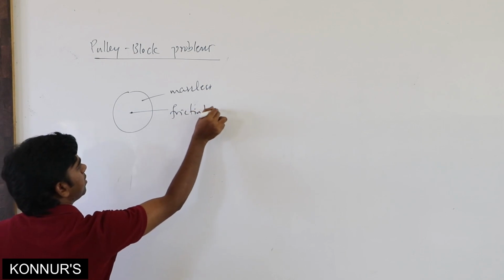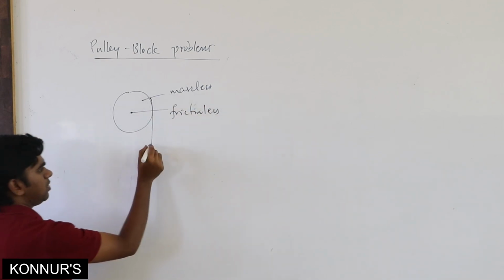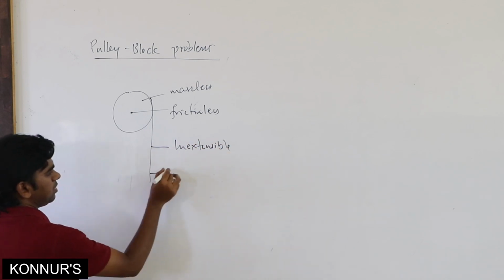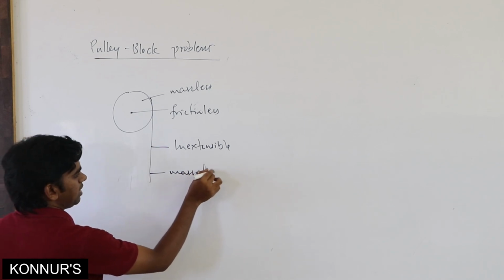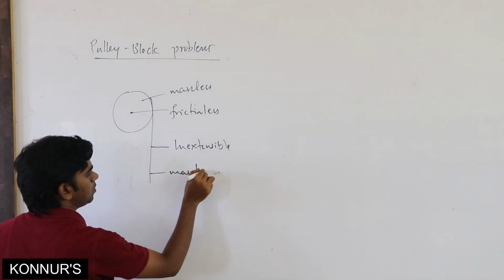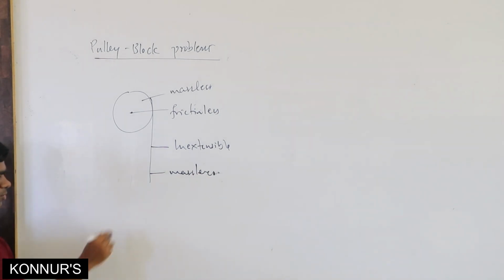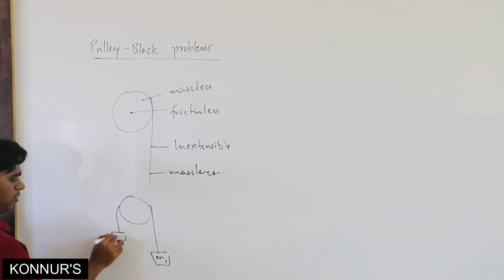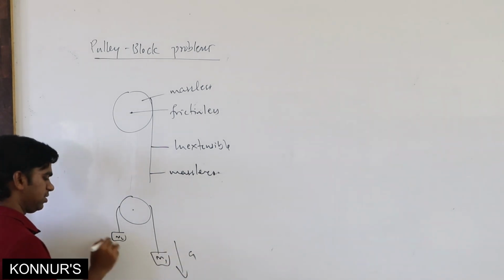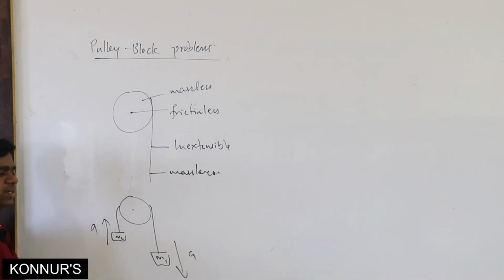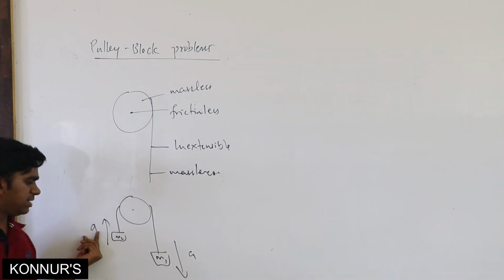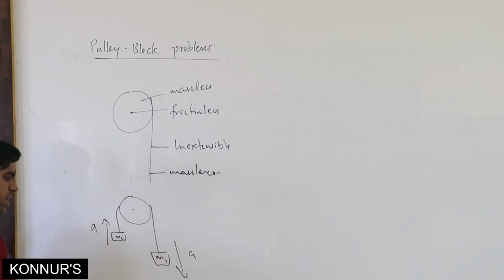Similarly, when you connect a string to it, you already know this string is inextensible and massless. Suppose block M1 is connected on this side and block M2 on the other side. If this is moving with some acceleration, the other will also move with the same acceleration, because the same wire is connected between them. So the accelerations are the same but in opposite directions.